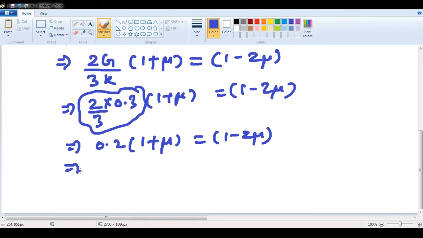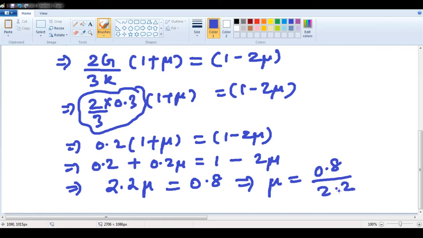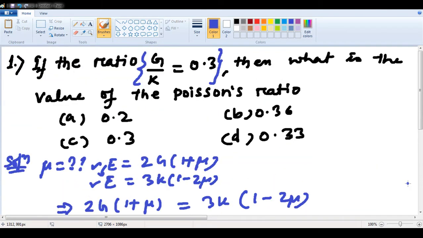When I solve further, I'll get 0.2 plus 0.2 mu is equal to 1 minus 2 mu. I'll bring mu to one side, so this will be plus 2 mu. So 2.2 mu is equal to 1 minus 0.2, which is 0.8. Therefore mu will be 0.8 by 2.2. So finally we will get 0.36. So our option is option B, 0.36. Is that understood to all?